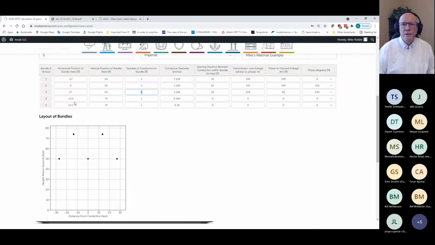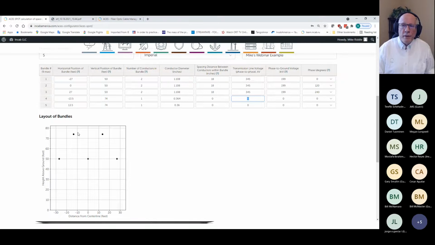Again, vertically 50, 2, 1.108, 18 again, 345, and phase C. My OPGW is here, so that's minus 13.5 relative to the center line. The vertical height is 74 feet. That's just a single conductor, .364 inches in diameter for that particular cable design.